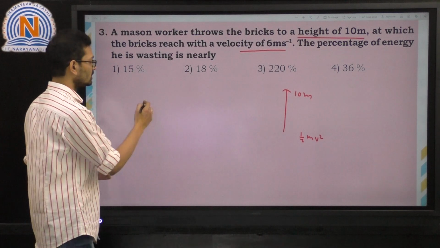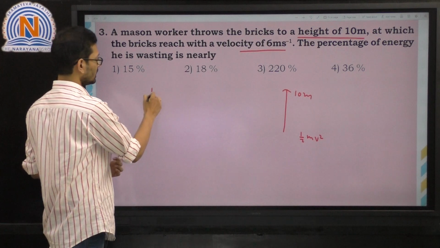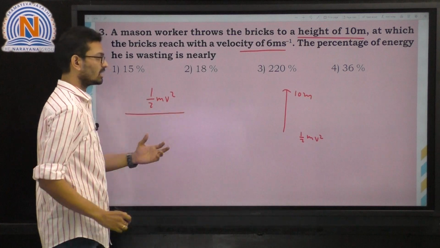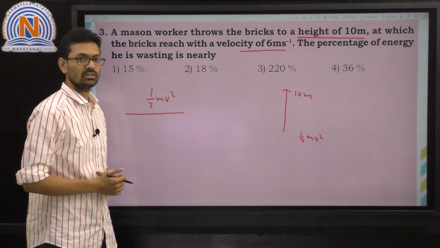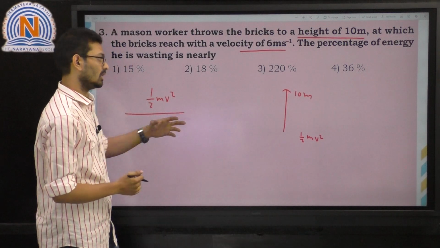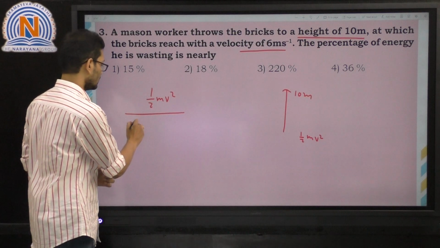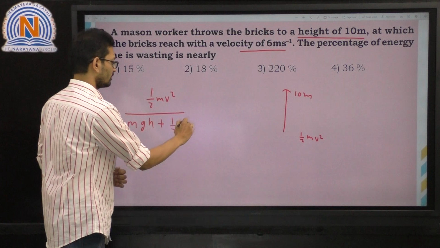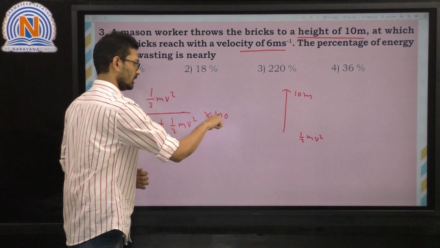So in that case, first of all we will take it as half mv square, and when it reaches a certain height of 10 meters, then he is going to have both the energies. Let us assume at that particular point he might be having mgh plus half mv square, into, since you want the percentage, you multiply it with 100.